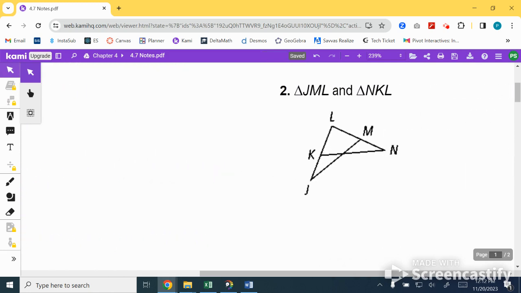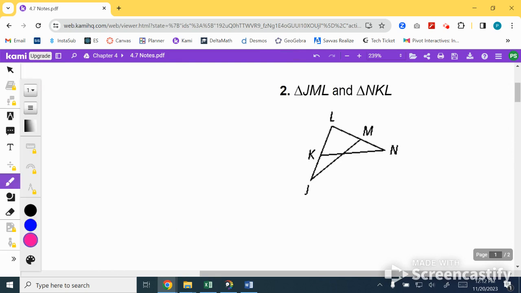Take a look at number 2 here. We got triangle JML and triangle NKL. Again, first step is to redraw the triangles. So I'm going to start down here at point J, and I'm going to draw up. This is going to be L, come down this way, and we have M, and then there. I'm going to do the same thing for triangle NKL.